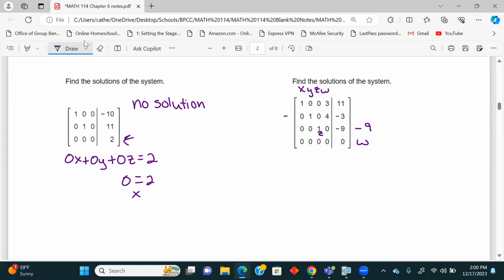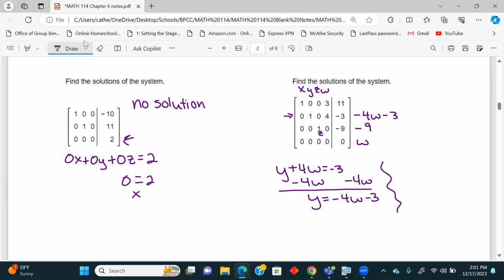All right, so then this one here, we have 0x plus 1y plus 0z plus 4w equals -3. We need to know what y is equal to, so we're going to move the 4w to the right. So y is equal to -4w minus 3. All right, on the top row, we have x.